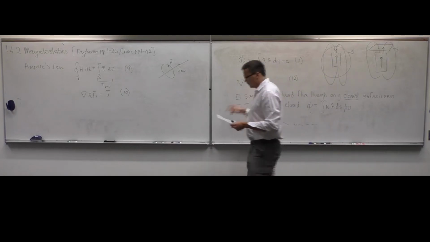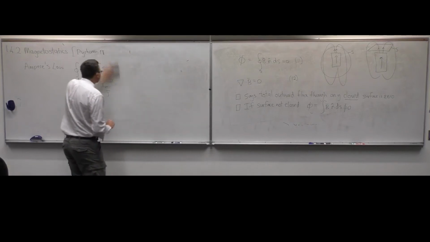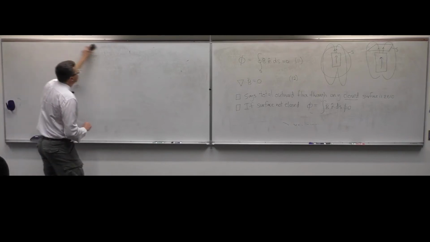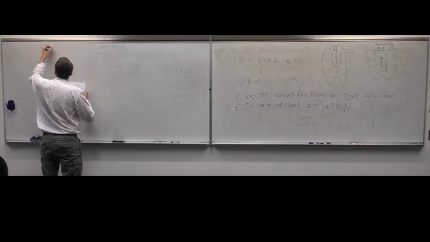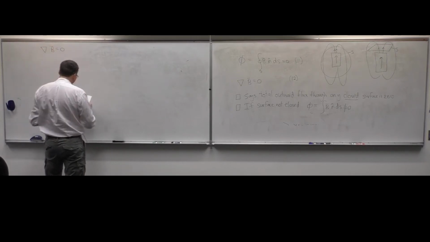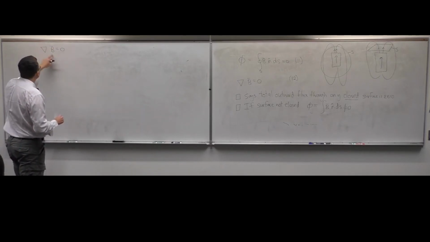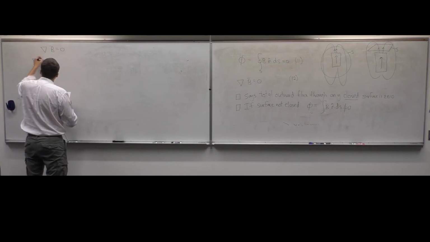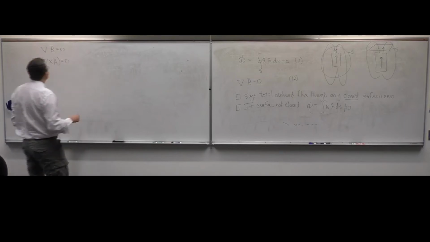Now recall from vector calculus that if we have del dot B equals 0, if you look up vector identities, you can rewrite B as del cross A, and del dot del cross A has to equal 0.